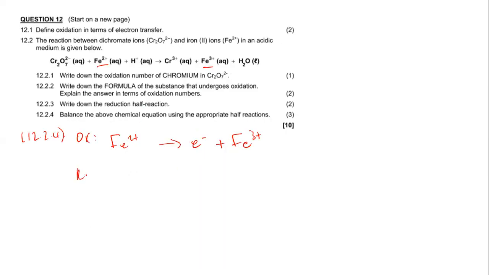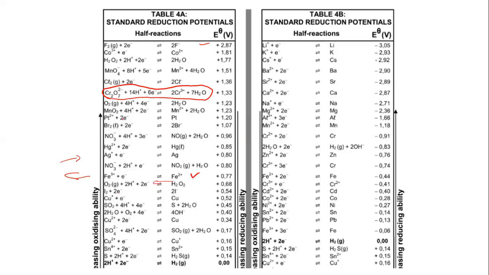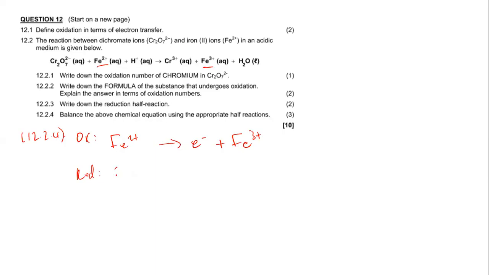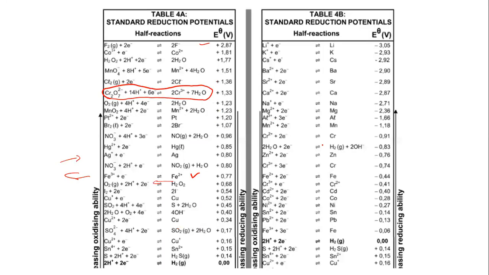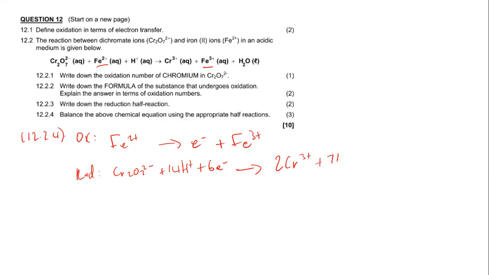And therefore, for reduction, let me just copy it from here: Cr2O7 2- plus 14H+ plus 6 electrons gives 2Cr3+ plus 7H2O.